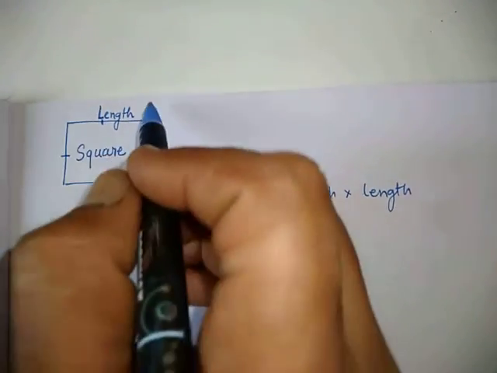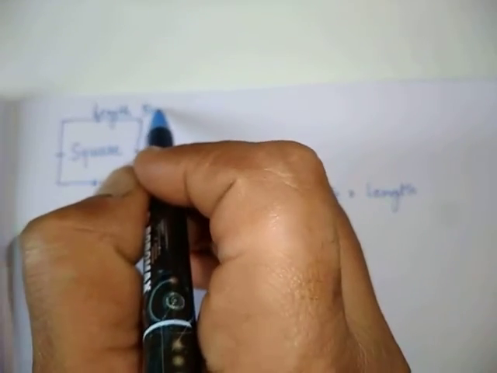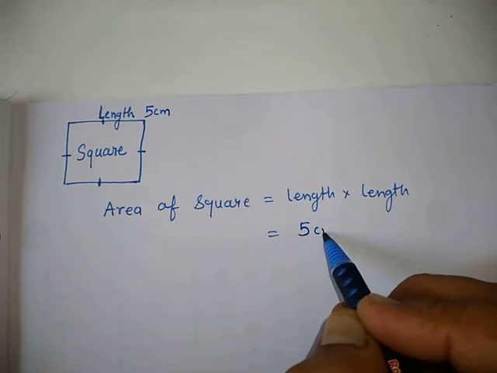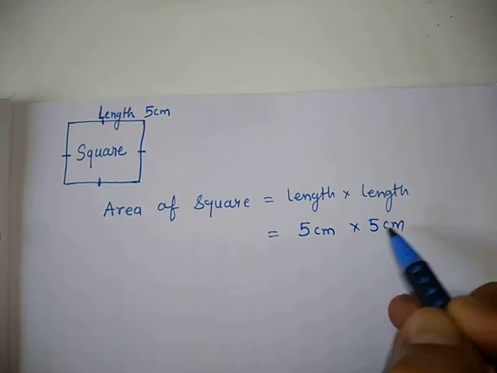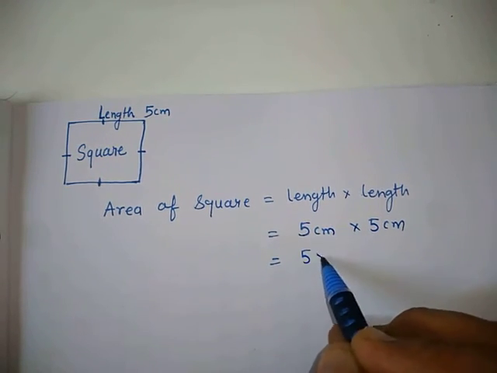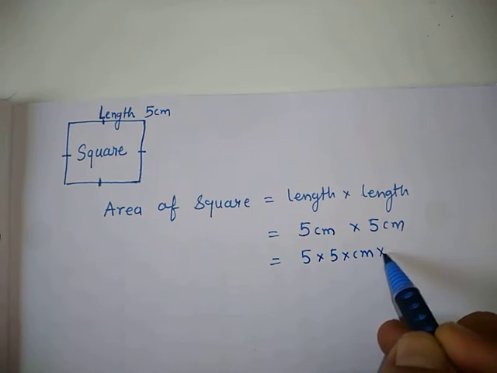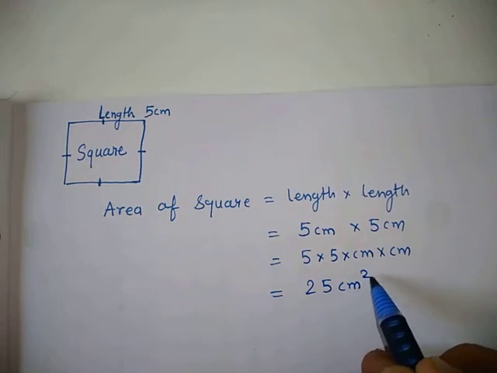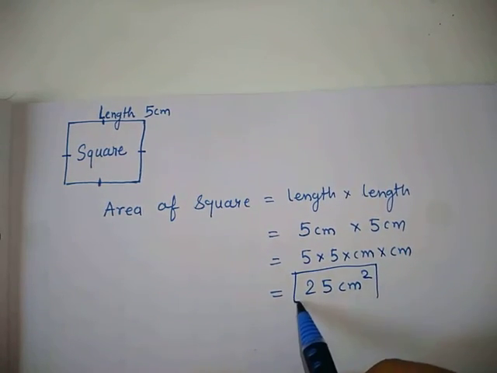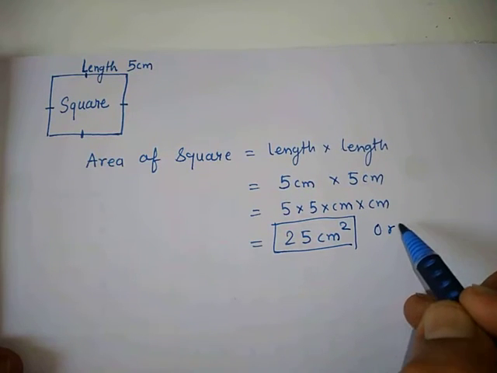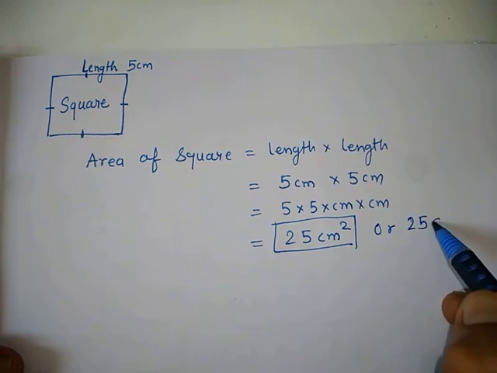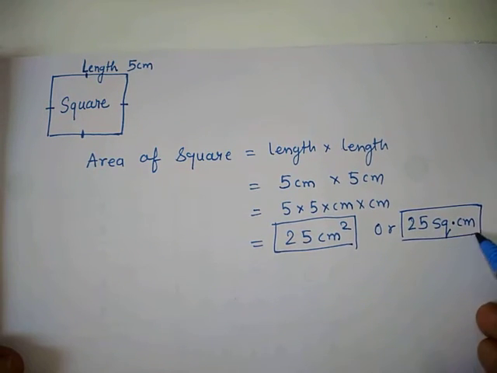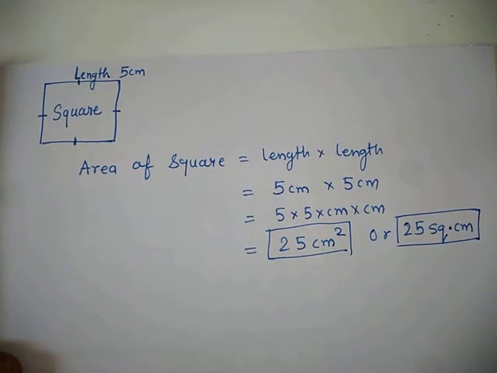Suppose it is given 5 centimeter. So 5 centimeter multiplied by 5 centimeter, so 5 into 5 into centimeter into centimeter, that will give 25 centimeter square. This is area, or we can write 25 square centimeter this way also, area of square shape.